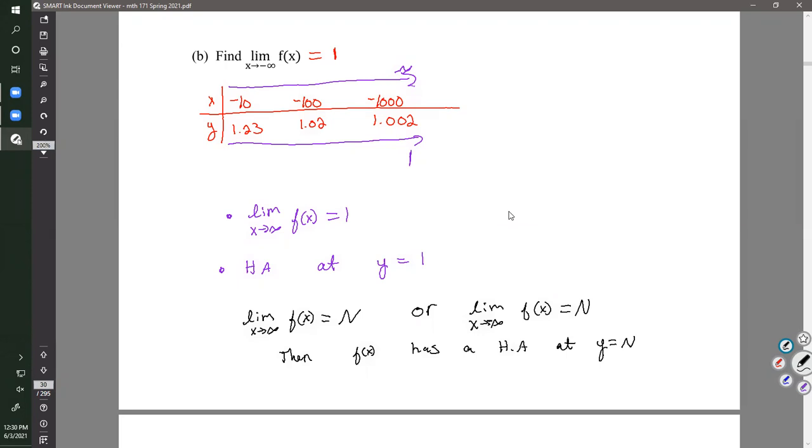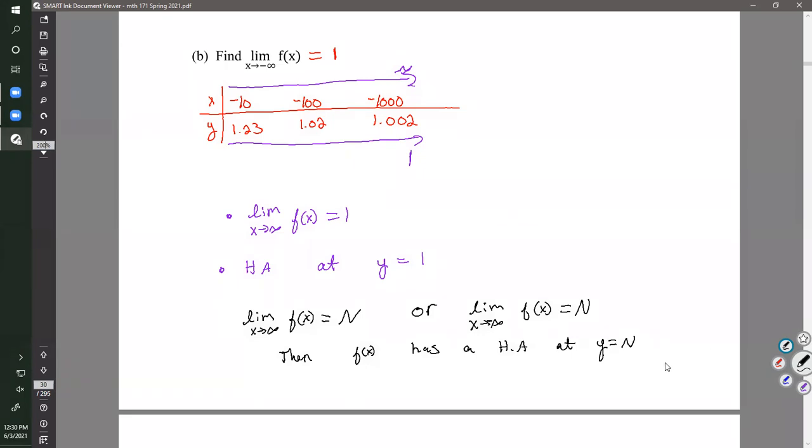And n is just some number. But it has to actually be a number.